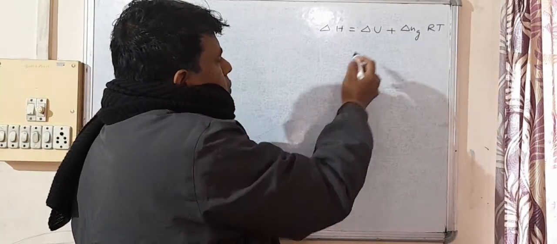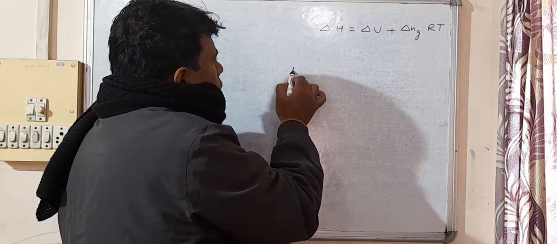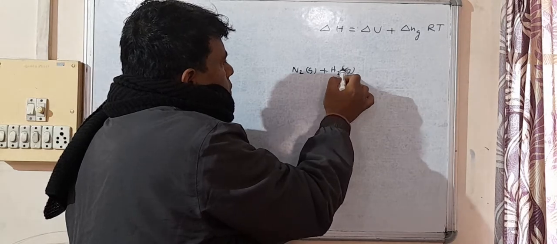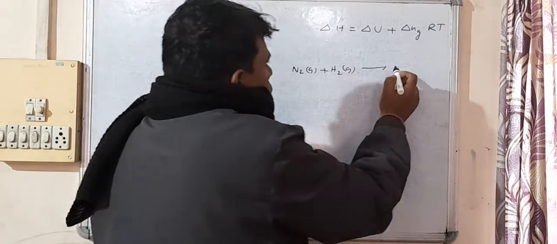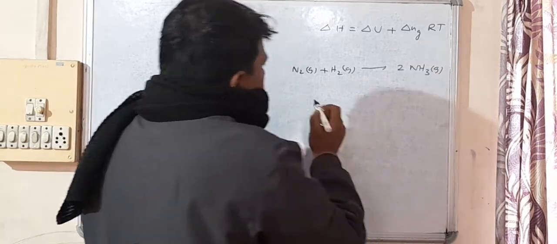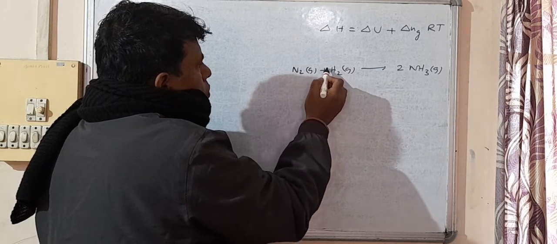Let me illustrate it with an example. Suppose we have a reaction: N2 gaseous plus H2 gaseous gives 2 NH3 gaseous. If it is balanced, then here it will be 3.